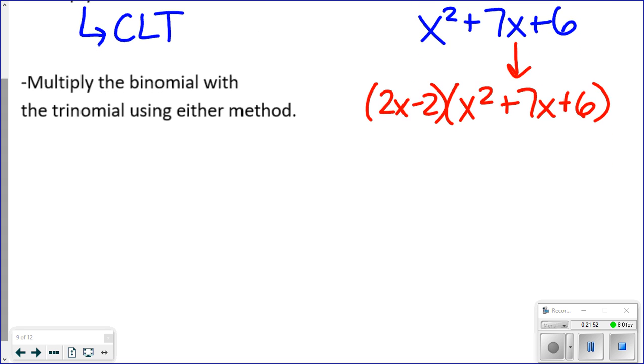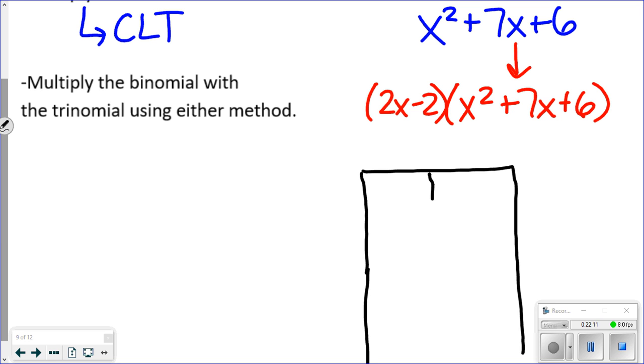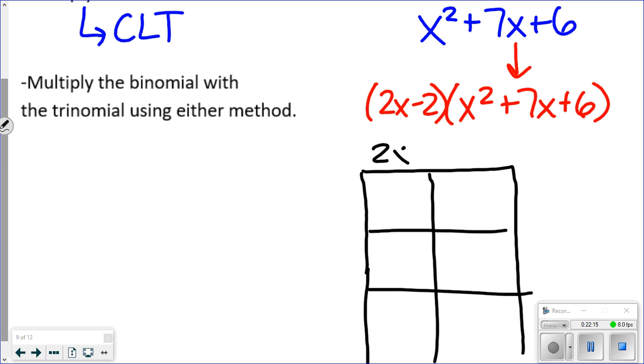And I could totally draw in the box method right now if I wanted to. So use the box method if that's what you prefer, or go ahead and use the distributive property. Maybe I'll use the box, just because there's room on the slide.